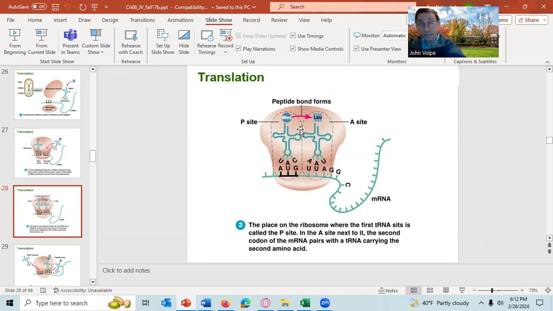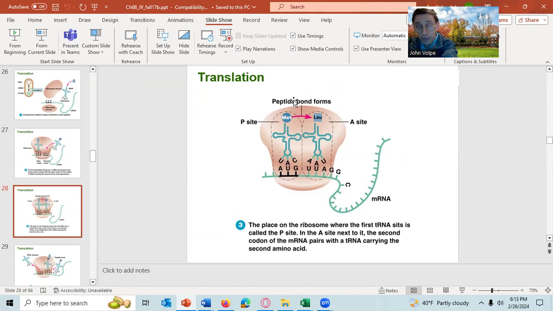And this isn't discussed in your book, but this is the one place where we'll actually cover where an enzyme is doing this. And this enzyme that's doing this is actually a ribosomal enzyme.